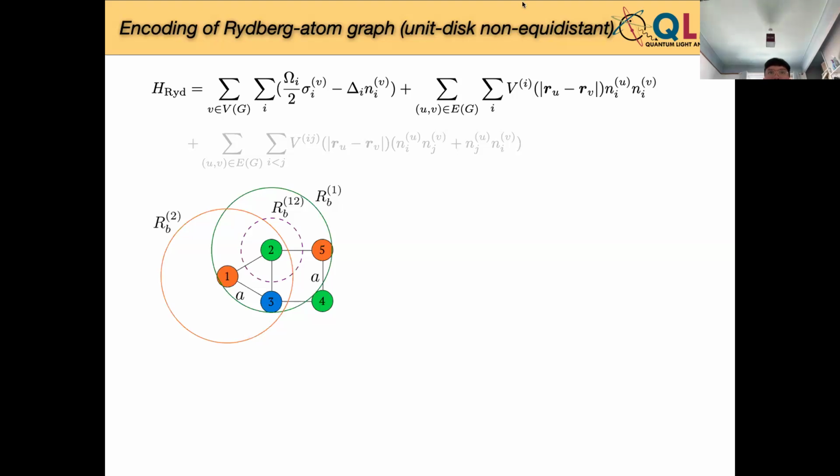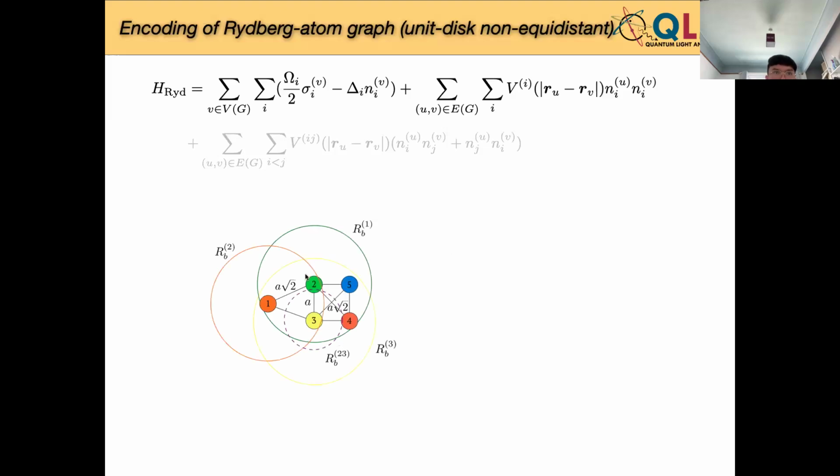But if we want to tune a non-equidistant graph, for example this graph, it is actually non-equidistant, because atom 5 and atom 3, atom 4 and atom 2, are connected to each other, meaning we implement the next-nearest-neighbor edge.